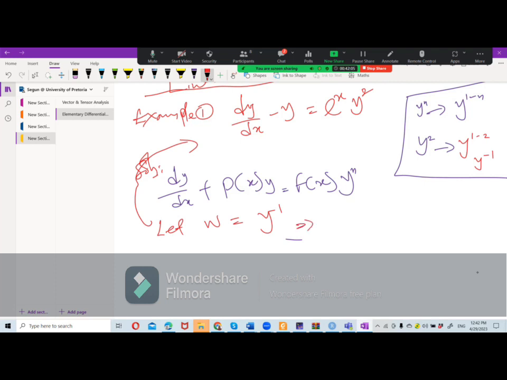Now we cannot differentiate directly. Look at what happened the other time. We differentiated this, the dw dx rather. When you differentiate it, you have negative y raised to power -2, dy dx, because we are differentiating implicitly, an implicit function.